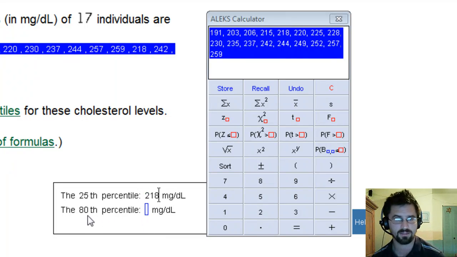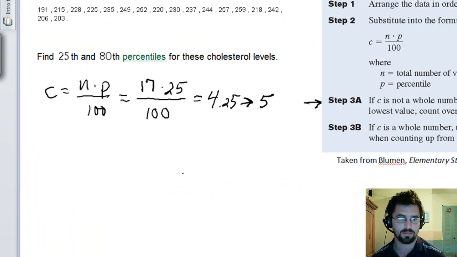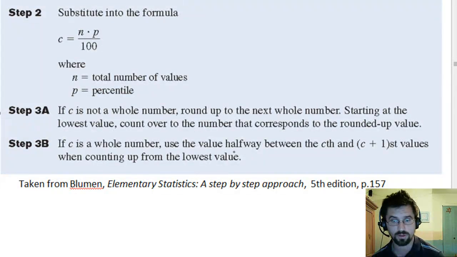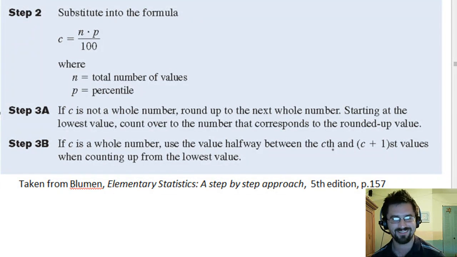Now I have to find the 80th percentile. The only number that changes is the 25 becomes an 80, and that is 13.6, I believe, and that's going to round up to 14. If it's a whole number, we use a value halfway between the Cth and C plus first values.